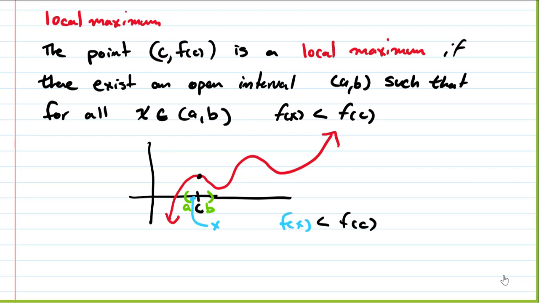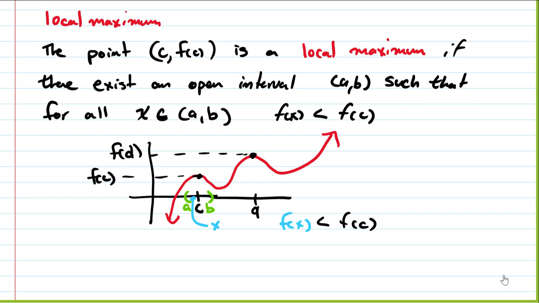It doesn't matter that over here there could be another value that has a larger output than that one. So the idea of a local maximum is that as long as there exists some open interval around that point where it is larger than every output in that interval, then it's considered a local maximum.